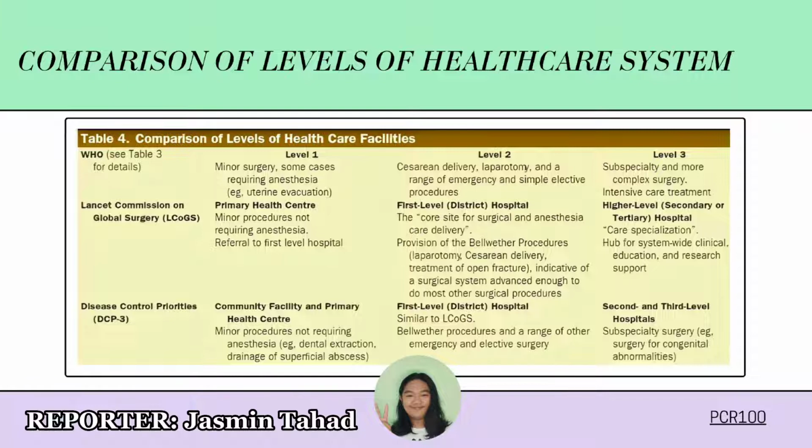According to Disease Control Priorities, the procedures that have subspecialty surgery, for example surgery of congenital abnormalities, should be conducted on second and third level hospitals or in level 3 healthcare facilities.